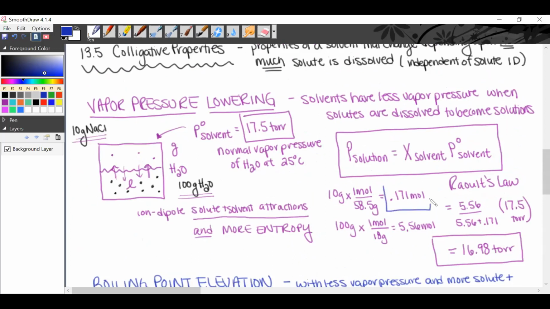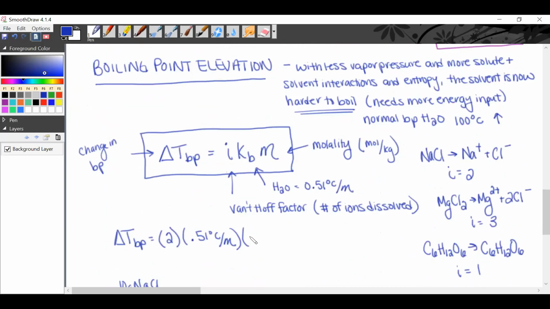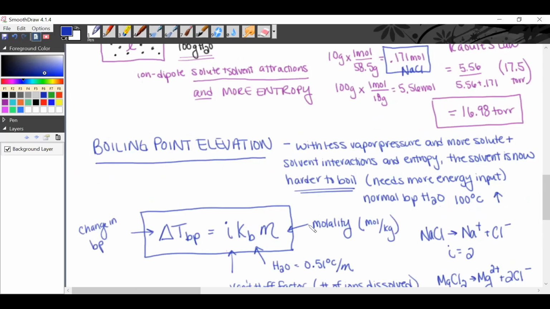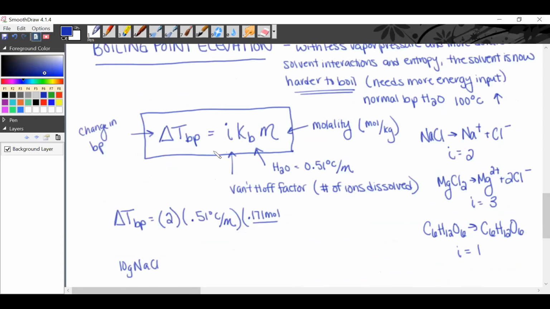Yeah, here it is. 0.171 moles of NaCl per kilogram of solvent. And so we had 100 grams of water, so 0.100 kilograms of solvent.